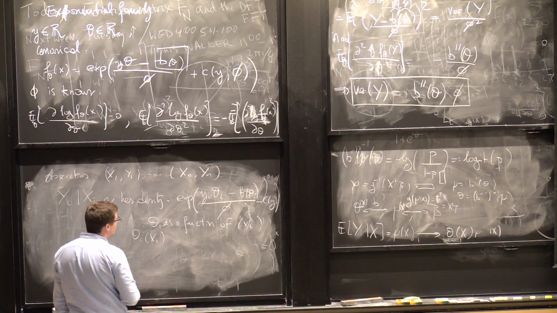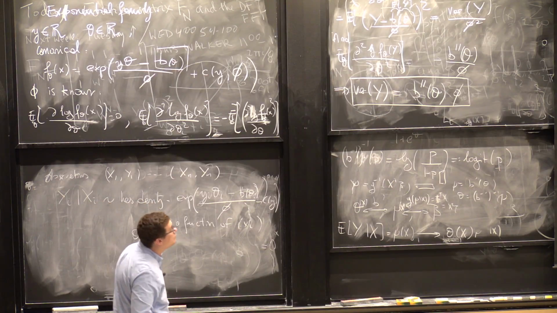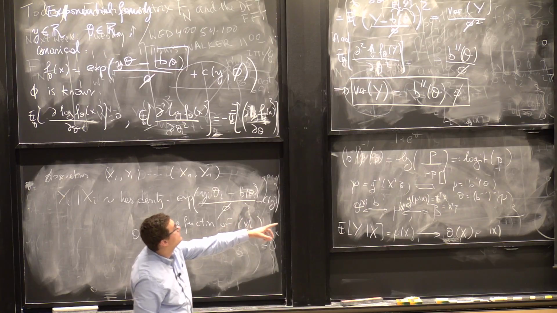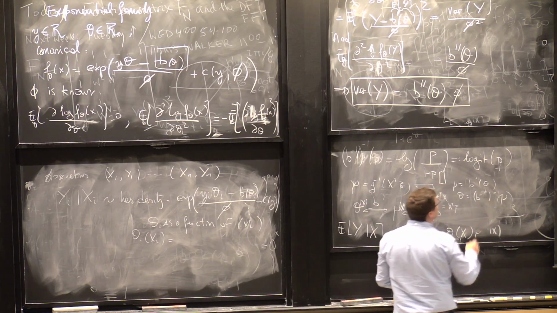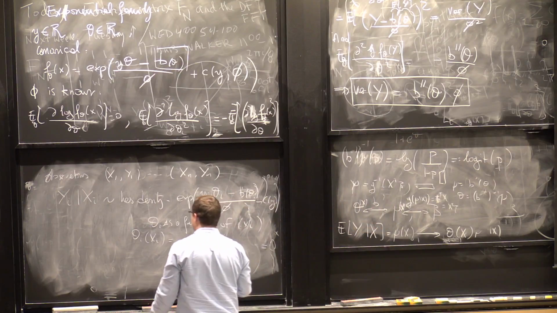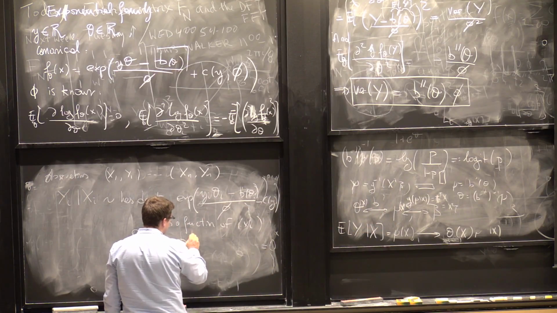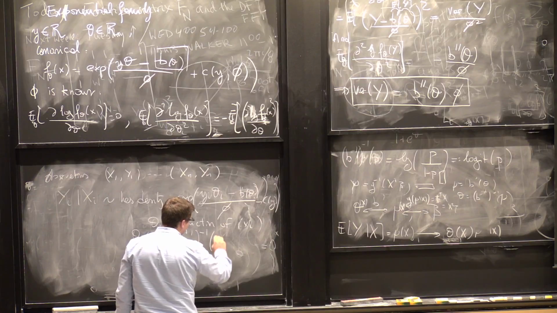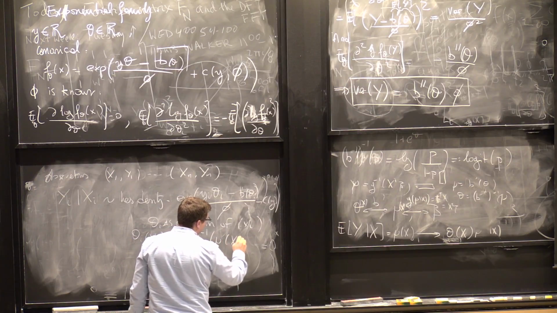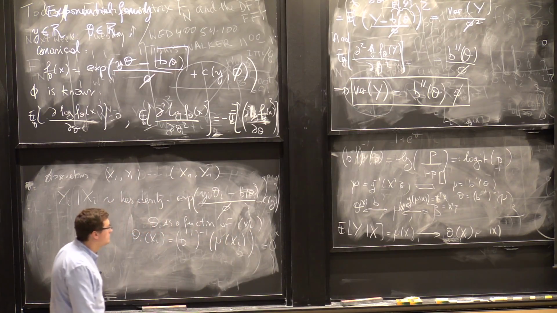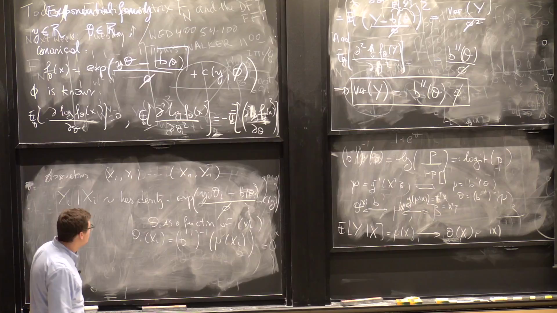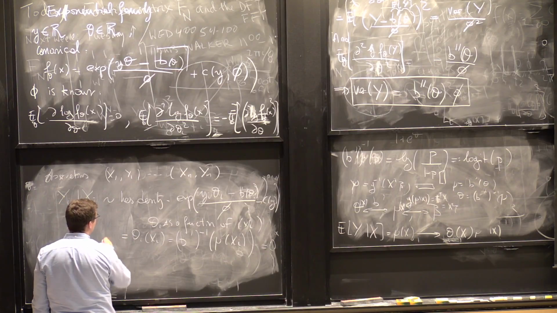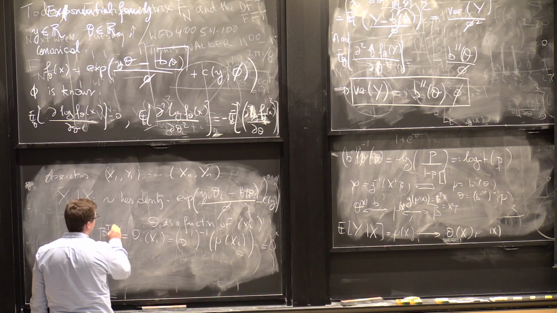But what do I know about theta i of xi? It's actually equal to b prime inverse of mu of xi. I made this error twice. And I also know that I'm going to assume that this is of the form beta transpose xi.